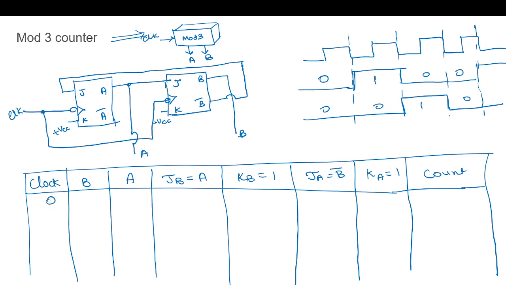So initially let's take A and B as 0 0. So JB will be 0. This is always 1. B bar is 1, so this is also 1. Let it be the initial count.